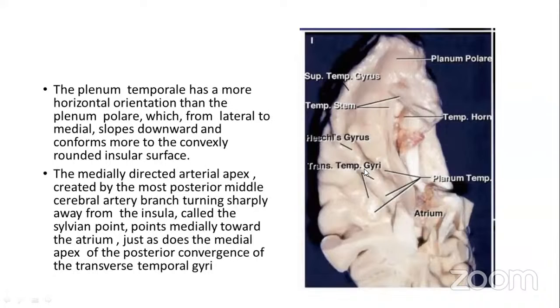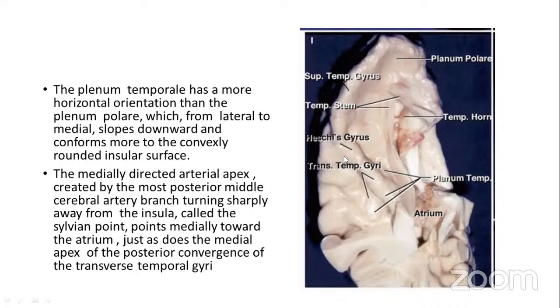Now, related to the base of the Sylvian fissure, it is formed mainly by the temporal lobe. Anteriorly, we have the planum polare that is free of the gyri. On the anteriormost edge, we have the temporal tip. Then we have the planum temporale.